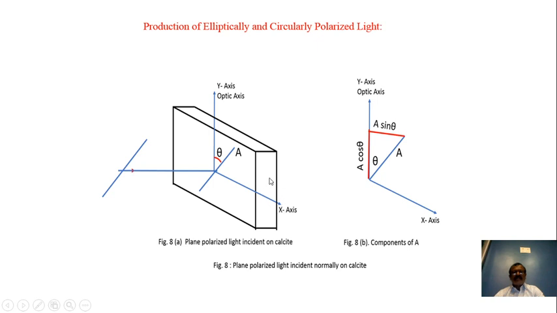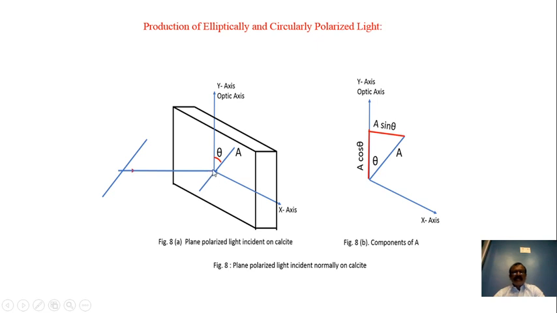Whenever plane polarized light is incident, suppose normally on the principal section of this crystal, as it is incident normally, we all know without deviation it goes further and emerges out from the other end.